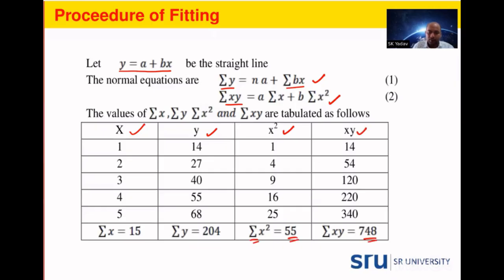Now these values should be put into these equations 1 and 2 to get the actual equations, and I need to solve both equations. So it's a very simple system. You have two equations and two unknowns. You can solve it manually like everyone is doing in plus 2 standard. Otherwise, nowadays you can use a calculator. In that, a system-solving mode is there. So you can put in the coefficients and you will get the unknowns.